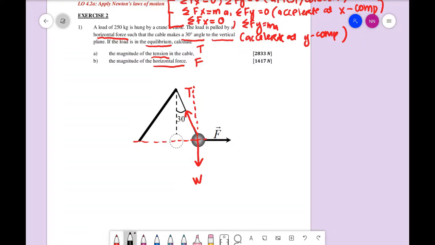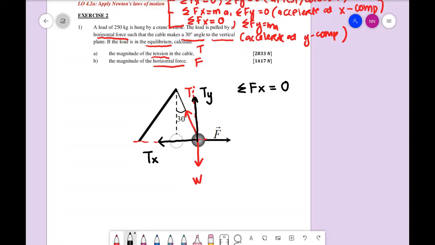Okay, so this is the x component of tension Tx, and then this is the y component of the tension Ty, and then we can apply net force x equals to 0. Summation of force at x component equals to 0.